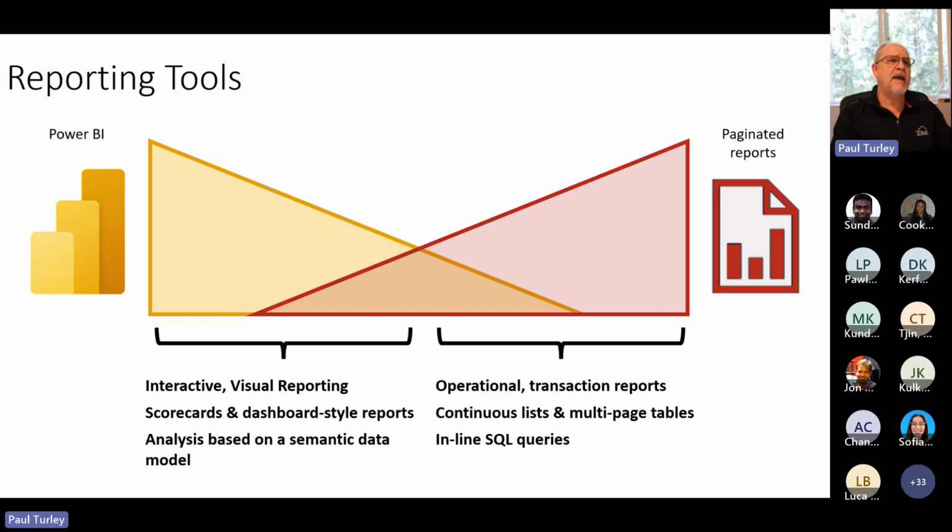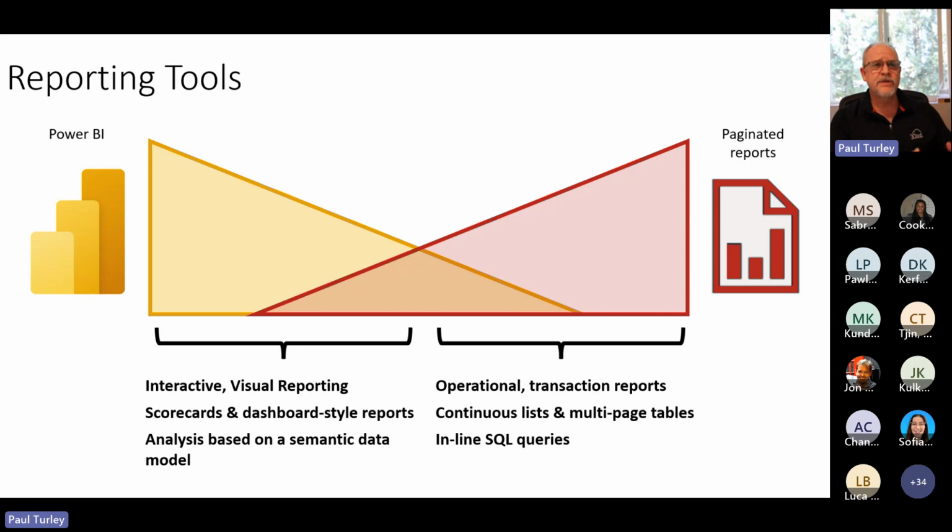If we teleport back in time, most of you are probably younger than I am, but there was a time when somebody said, I need that report. What they meant is, I'd like to go print a report. I remember a time in my career, when I was growing up with computers, when you printed a report, it was printed on green bar paper, on a pin-fed continuous scroll of paper in a dot matrix printer or an impact printer.